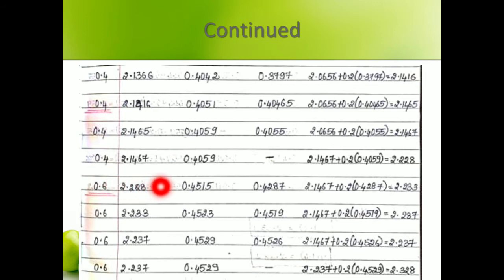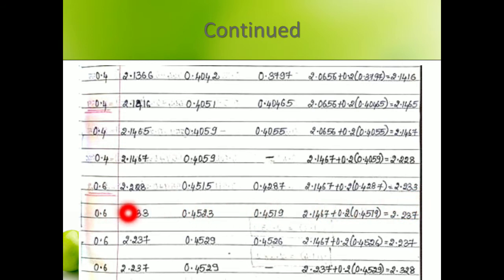So for 0.6 you have new y value 2.228. Y dash is 0.4515. Mean slope is 0.4287 and your new y value will be 2.233.